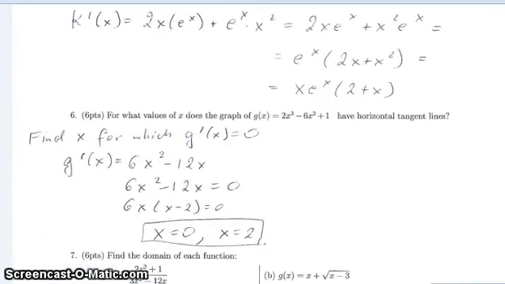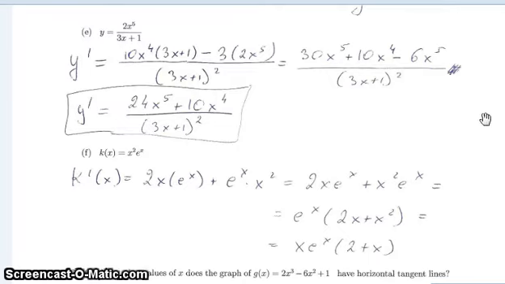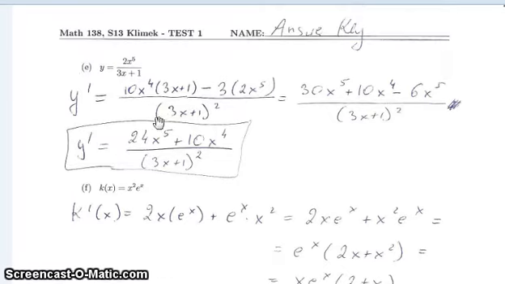The next problem, just scroll this down. E. The function is y equals 2x to the fifth over 3x plus 1. You have no choice, you have to use the quotient rule.